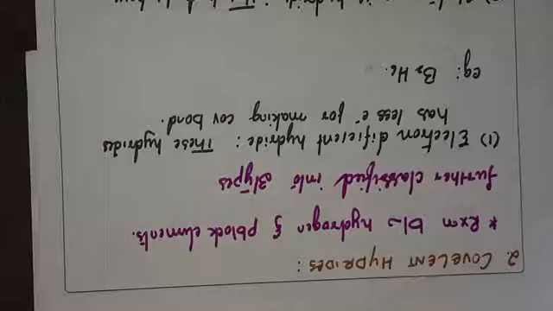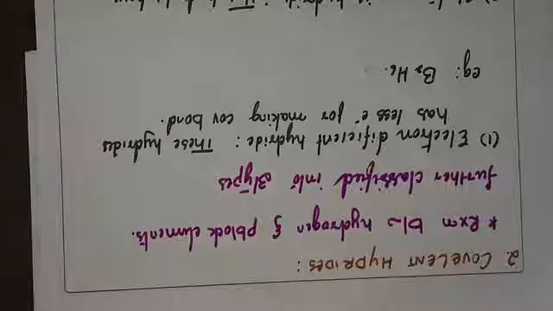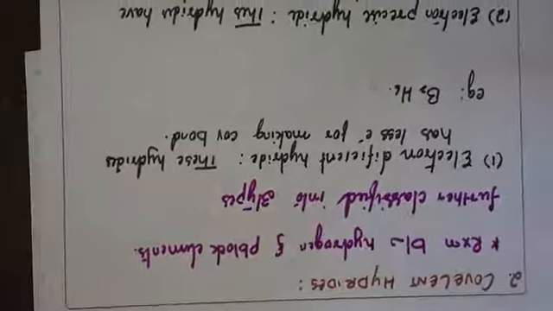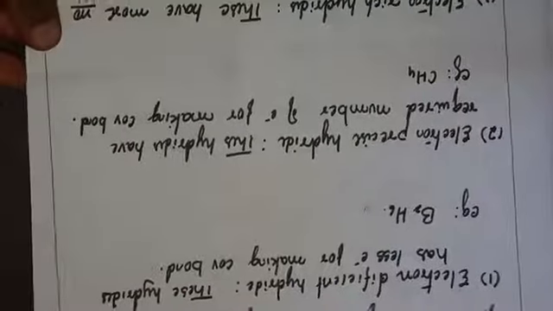These covalent hydrides are further classified into 3 types, that is electron deficient hydrides, electron precise hydrides and electron-rich hydrides.